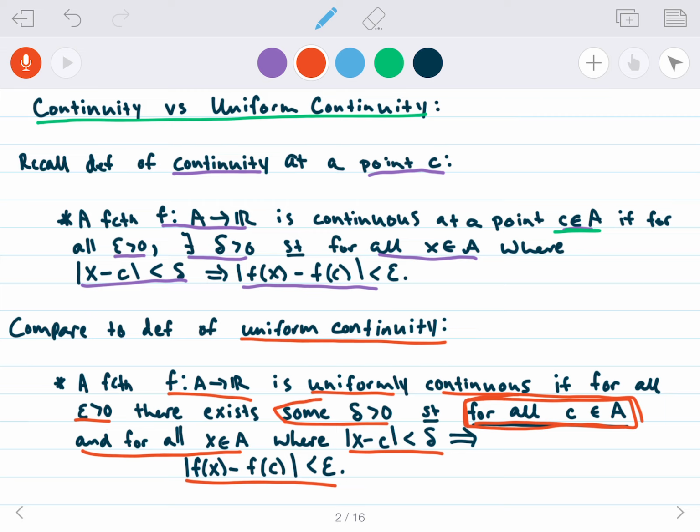So it says some single delta is going to work for every single C, depending on what your epsilon choice is.